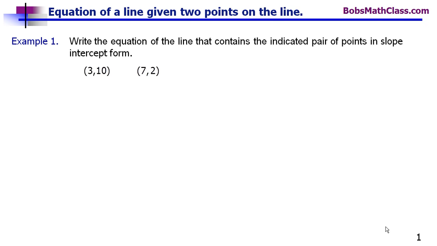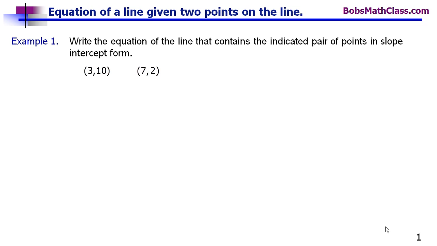In previous videos I did a couple of other videos on if you have a point and the slope, and we used y equals mx plus b to find what b was. Okay, so this time I have 2 points. So think about what we need. Well, we need the slope and we need the y-intercept. Okay, let's tackle one at a time.